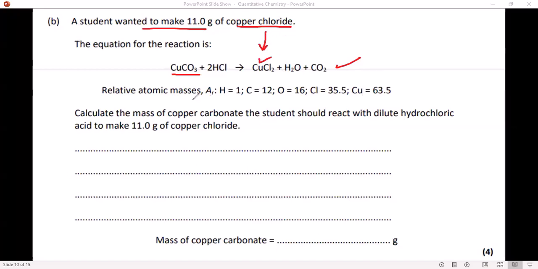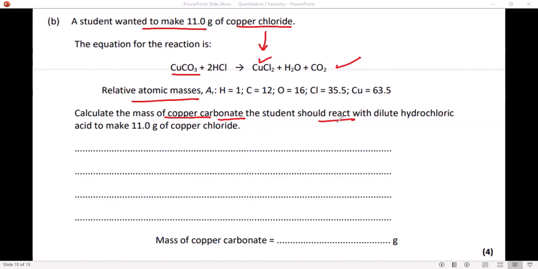The relative atomic masses are given, so you do not need to peep into the periodic table. Calculate the mass of copper carbonate the student should react with dilute hydrochloric acid to make 11 gram of copper chloride.